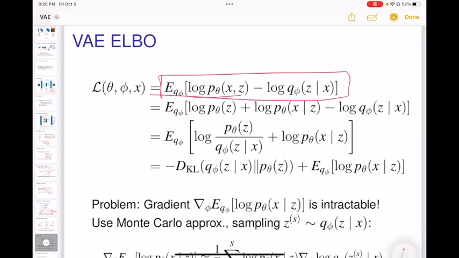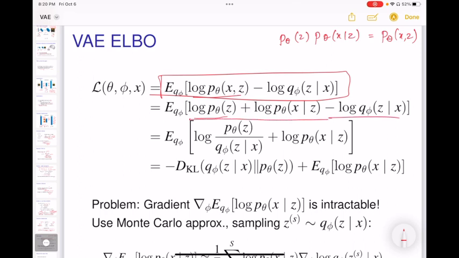We expand the first term using Bayes' theorem to log of p_theta(z) plus log of p_theta(x given z), because p_theta(z) times p_theta(x given z) equals p_theta(x, z), just using Bayes' rule and replacing these two.